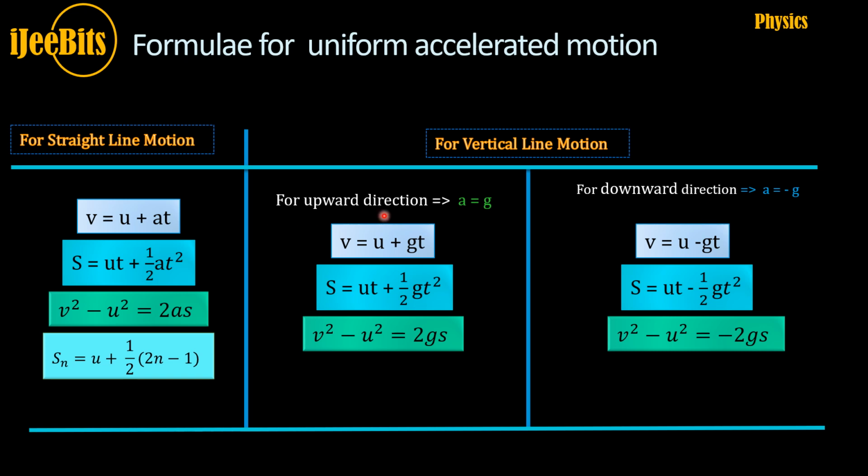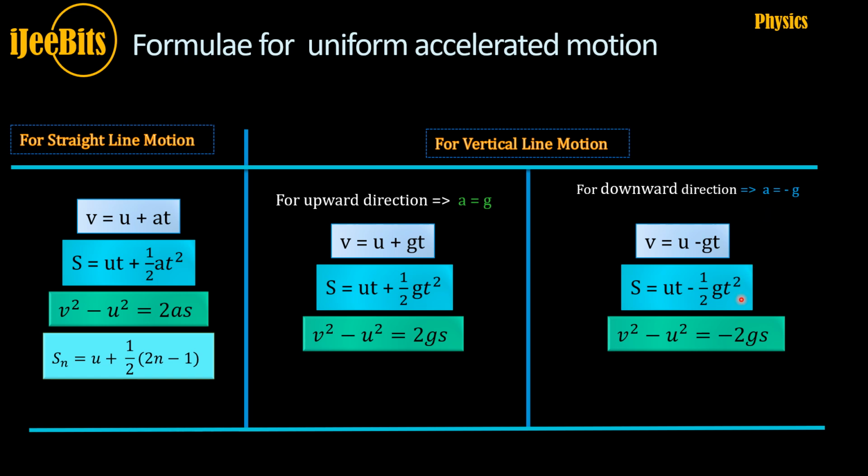In case of upward direction, acceleration a equal to acceleration due to gravity g, positive value. So if you replace a with g, then you have all the formulas as is: v = u + gt, s = ut + half gt square, v square minus u square = 2gs. Whereas in downward vertical motion, acceleration a becomes minus g, minus acceleration due to gravity.